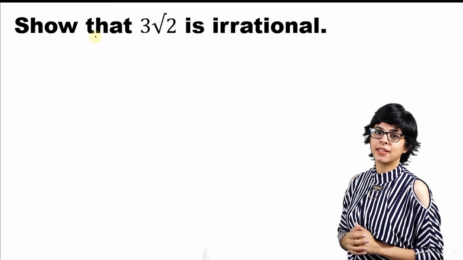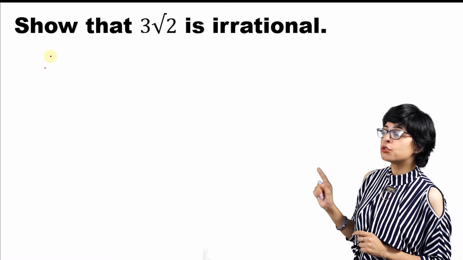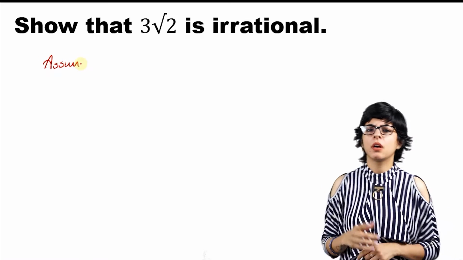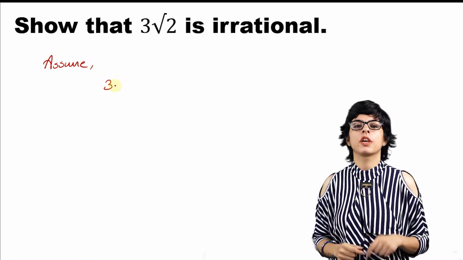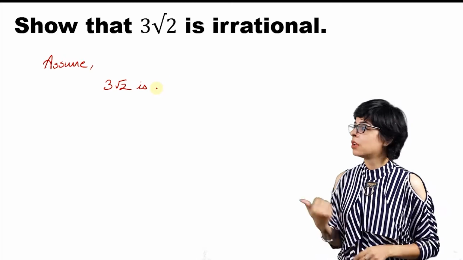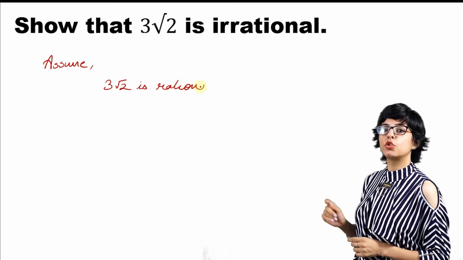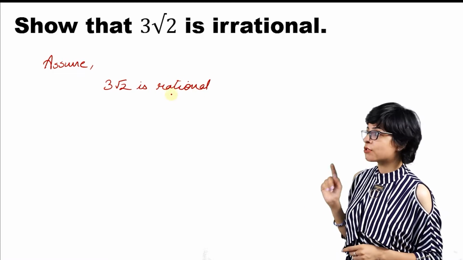Now the next question can easily be solved by you yourself, but we'll just solve it together for a better understanding. The question says: show that 3 root 2 is irrational. Again, we follow the same approach which we have just followed in the last question. Let's assume 3 root 2 is rational.